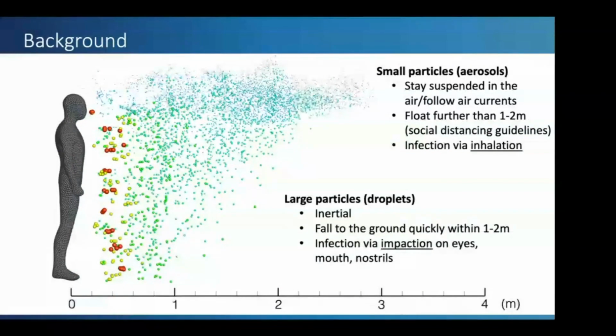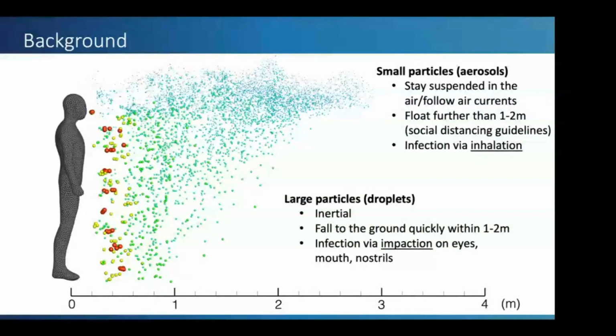The particles that are suspended within this jet, because of their different sizes, will behave differently. The small particles, which are known as aerosols, are those that will remain suspended within the jet and will be carried with the air currents. So essentially they will behave passively and spread for however many meters the jet ends up traveling.